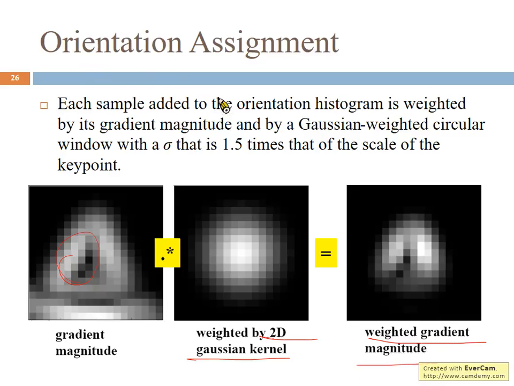Each sample added to the gradient histogram is weighted by its gradient magnitude and by a Gaussian weighted circular window with a sigma that is 1.5 times the scale of the key point. If you are interested in the very detailed technical details, please refer to the original paper. But anyway, we calculate the gradient magnitude, and then we weight it by a Gaussian kernel, and finally we can get such a result.